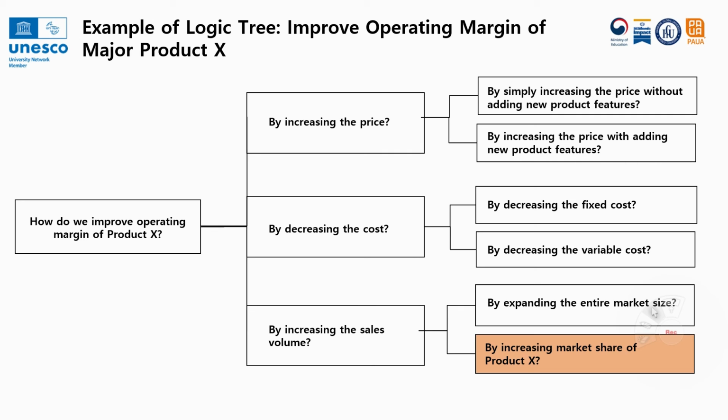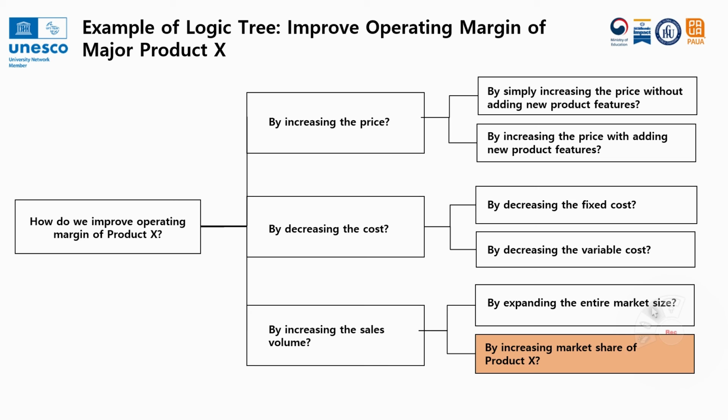Those three options are mutually exclusive, and if you look at all three options, no option is left uncovered. So all three options are collectively exhaustive in exploring the solutions of improving operating margins. Okay?